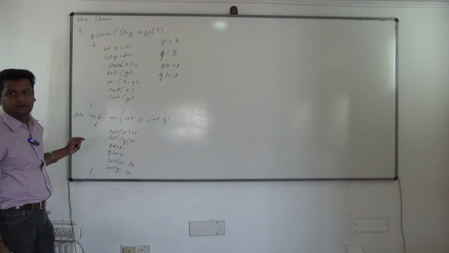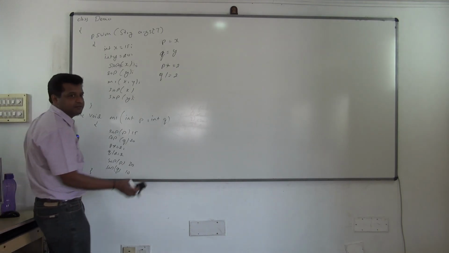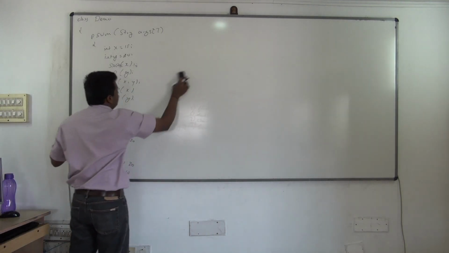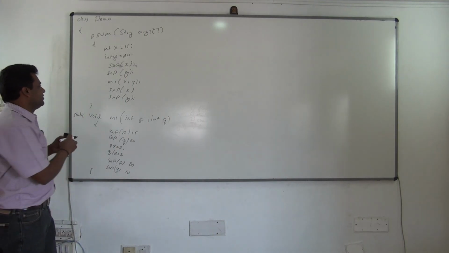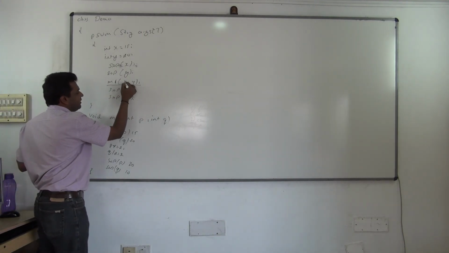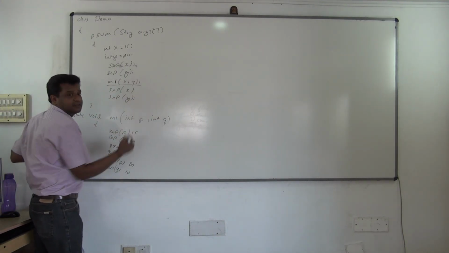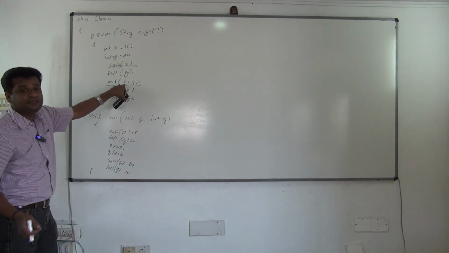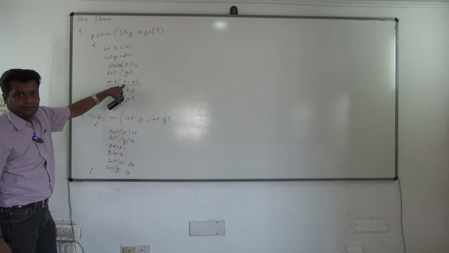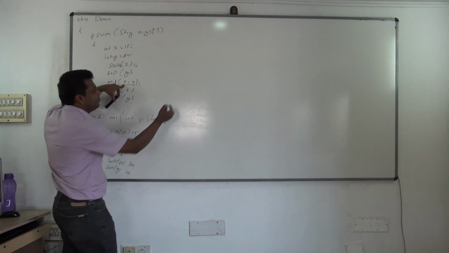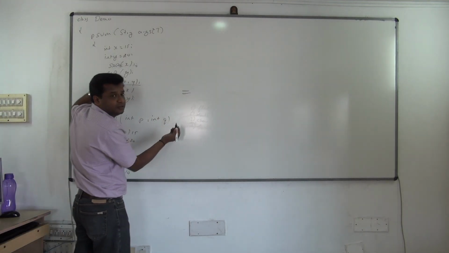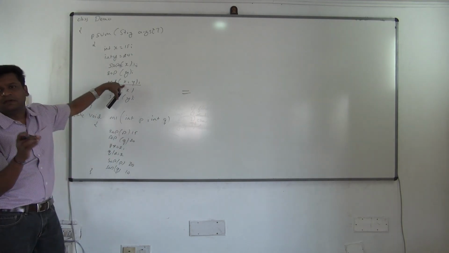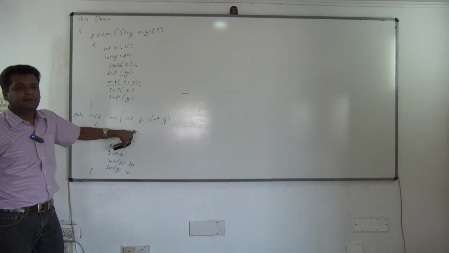So I'll move to user defined type now. When you call the M1 method, whatever value is there in X is given to P, whatever value is there in Y is given to Q. The same thing happens, but the type of value is a primitive value. This assignment operator or argument passing, whatever value is there in the variable, it gives to the parameter.